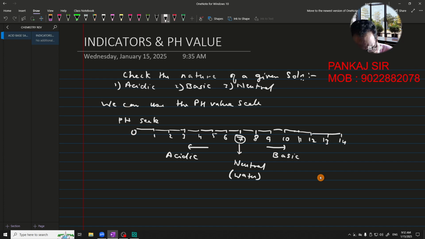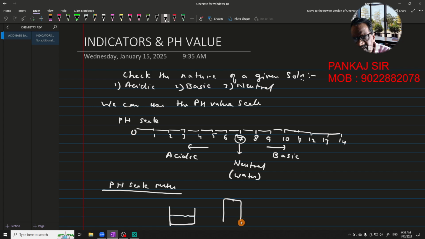Now we get a ready-made pH scale meter. They call it a pH meter. These pH meters are instruments which will directly tell you the pH value of a solution. Suppose you have a solution in a beaker. There's a pH meter over here, and this is the display of the pH meter.